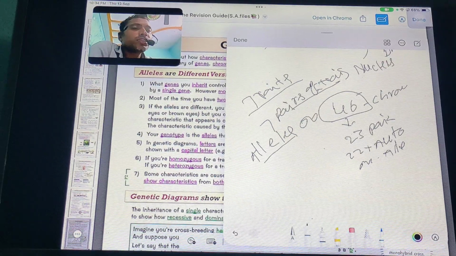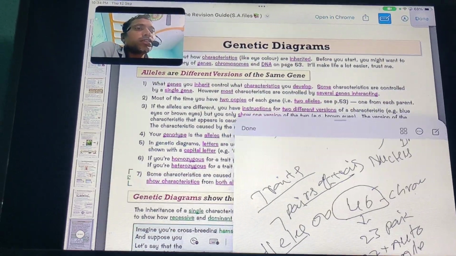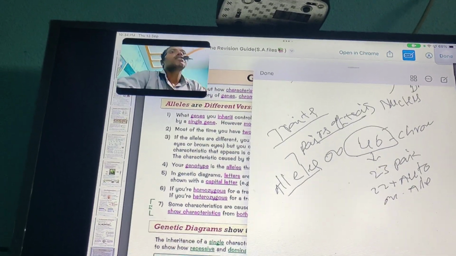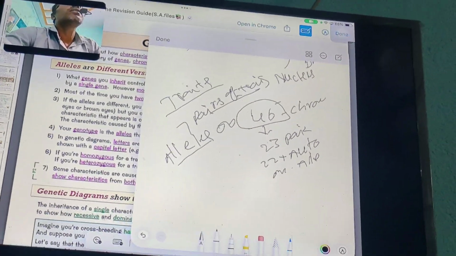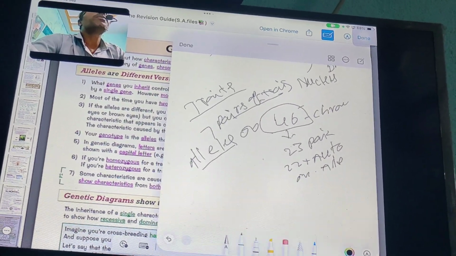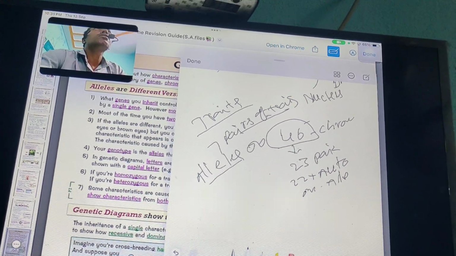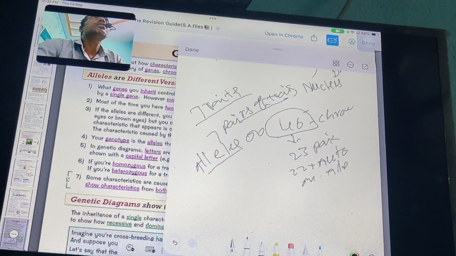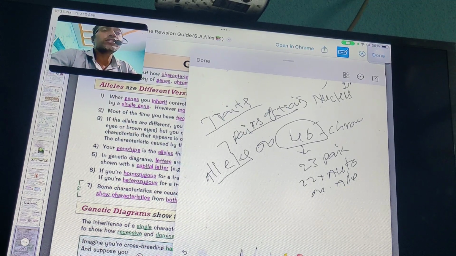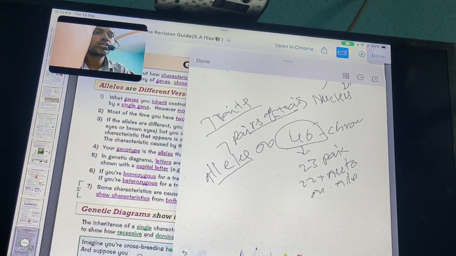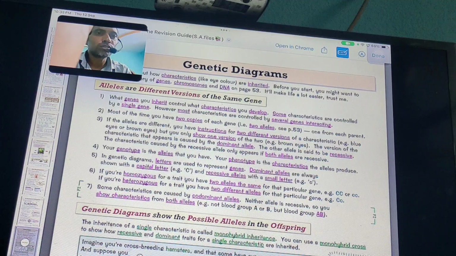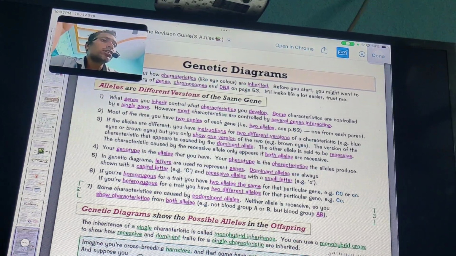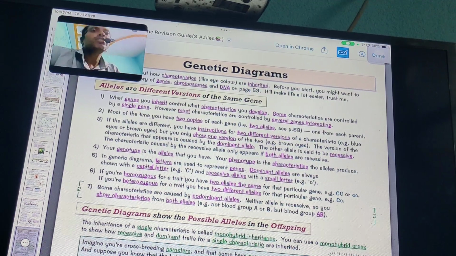Alleles are different versions of a gene. Most genes are contained in chromosomes. However, some characteristics are controlled by several genes.